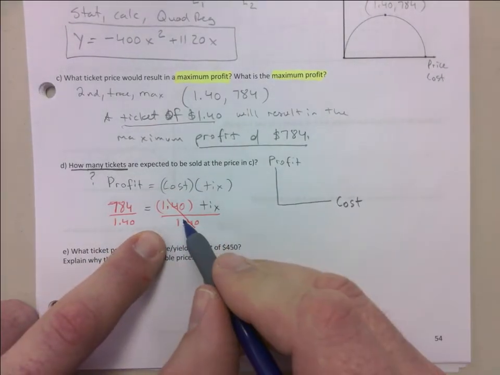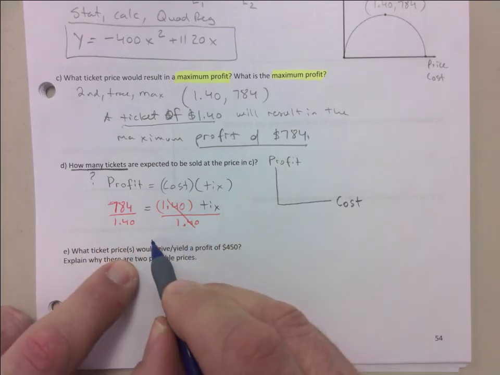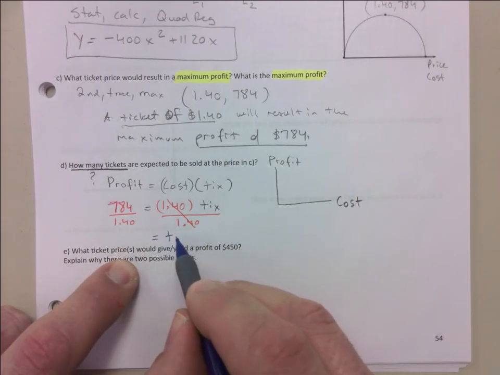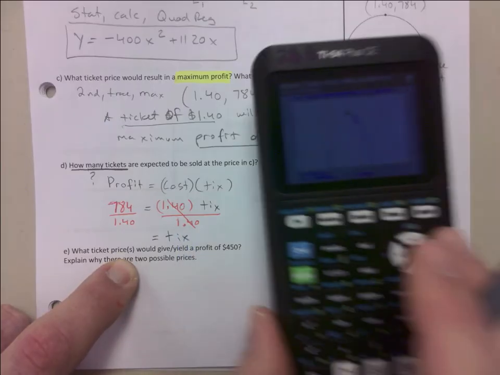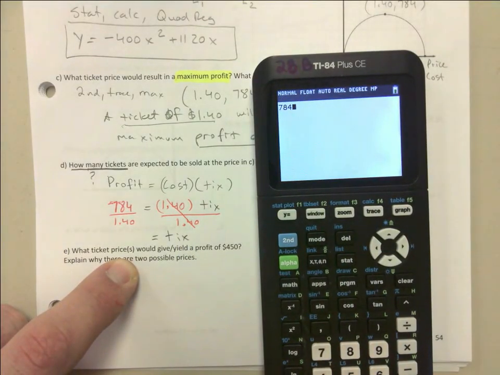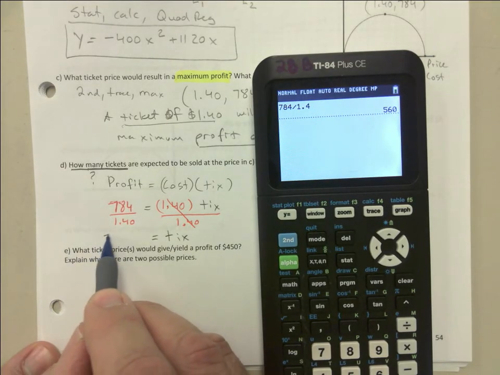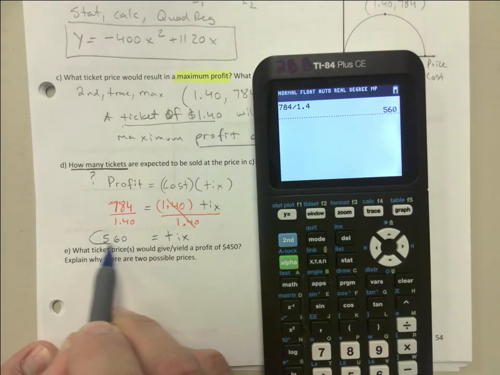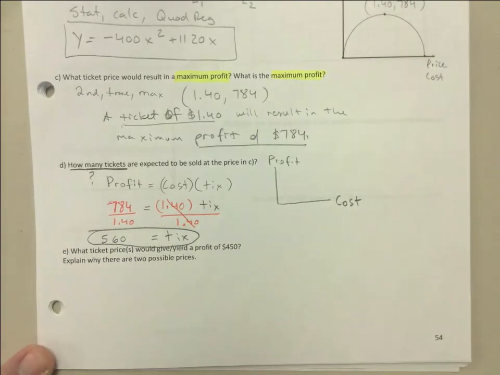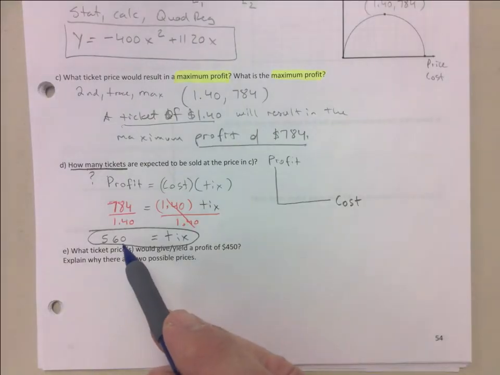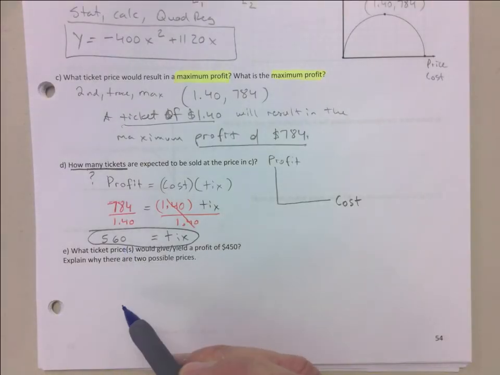It allows us to cancel out the $1.40 in front of tickets. So number of tickets would be 784 divided by $1.40. And you're going to realize you're going to do that automatically moving forward. You're just going to divide them. That's 560 tickets that we're expecting to sell. If this is a decimal, make sure you round. Okay, we can't have 0.5 of a ticket, right? So you need to round if that is needed.